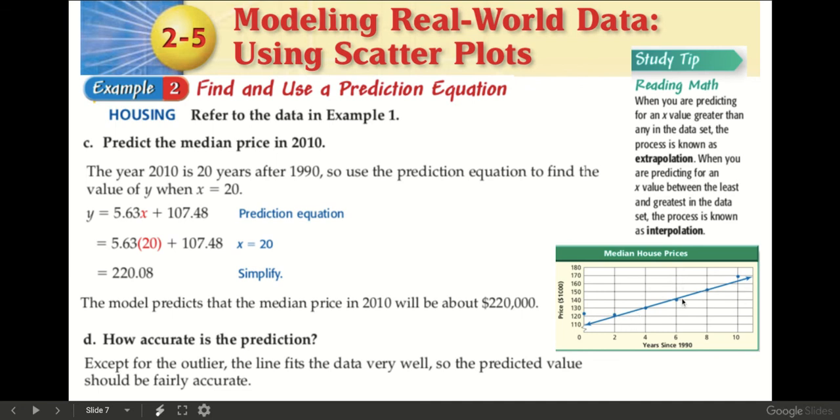If I picked an x value inside, say I picked 7 years after 1990, this is inside of my data set. This is known as interpolation, right? Because you're doing it inside of your actual data set, versus if you're doing something outside of your data set, it's called extrapolation. So in part C, we did extrapolation, but if we were to pick some sort of x value between 0 and 10, it would be known as interpolation.